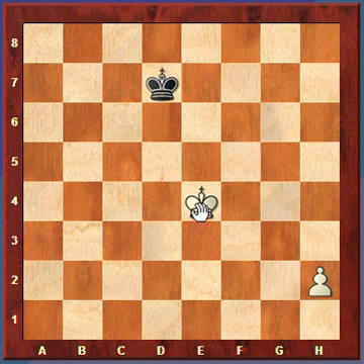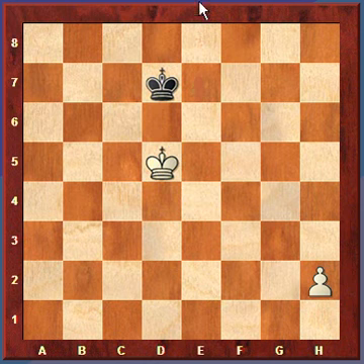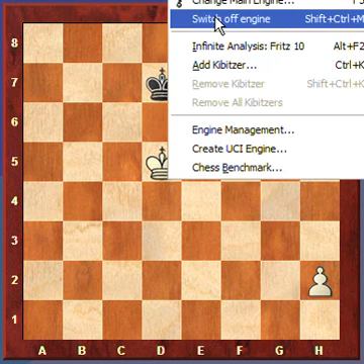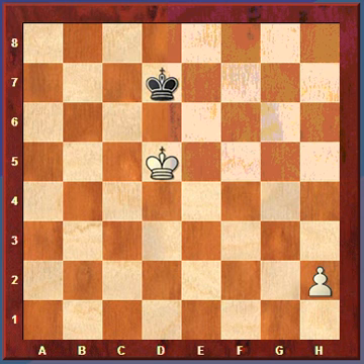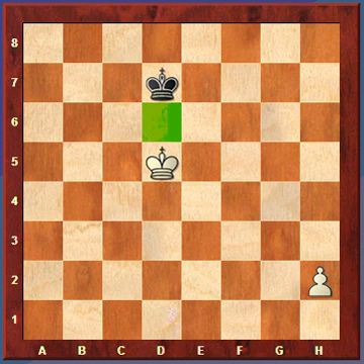So if white wants the opposition, white would move here. Whoops, need to shut off my chess engine. There's only one square between the kings.